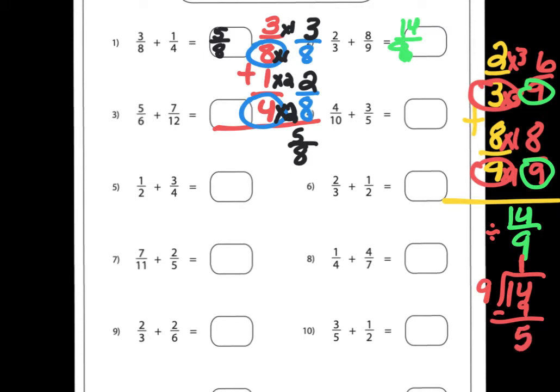I do my backwards C. How many whole times? 1. How many's left over? And what did I start with? 9. 1 and 5/9. Any questions there? Any questions at all? Okay, let's move to the next one.